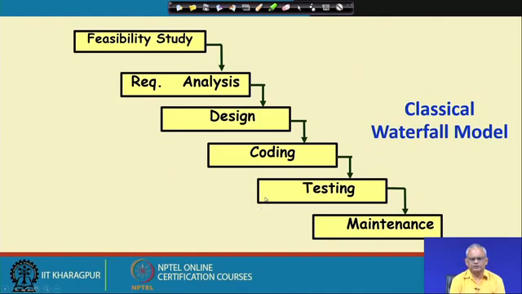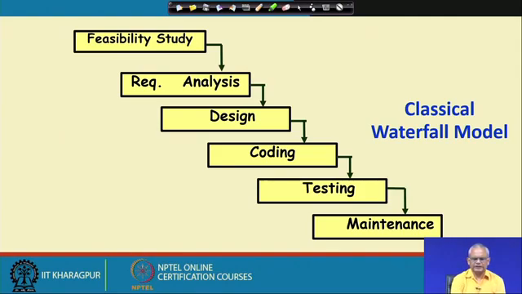After a few lectures, we will look at the exact techniques by which requirements gathering and analysis is done, and the format in which the requirement specification, that is the SRS document, will be written.